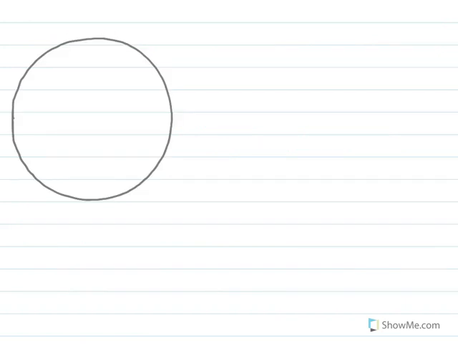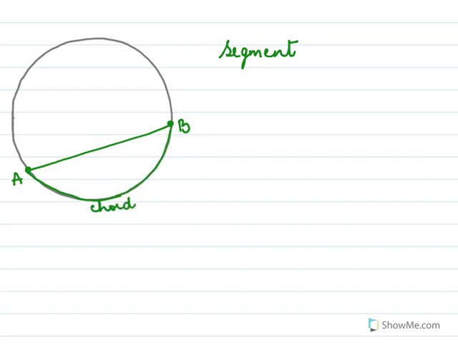Next we will see what a segment is. To draw a segment, I first mark 2 points on the circle and I join them, so I get a chord. AB is a chord, and of course this is the arc.